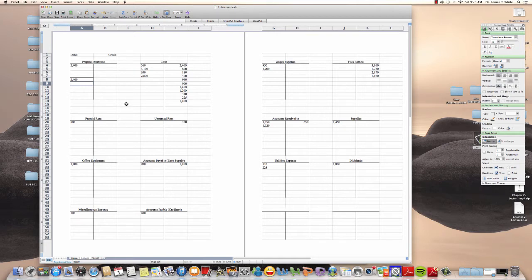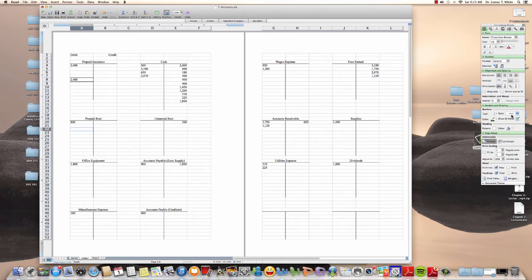And remember what I said about assets: they have a normal debit balance, which is on the left side. I'm going to skip cash for now. Notice that I put these fancy lines to show that I balanced my account. It has one line at the top and two lines beneath the number. Okay? Alright, let's go to prepaid rent.